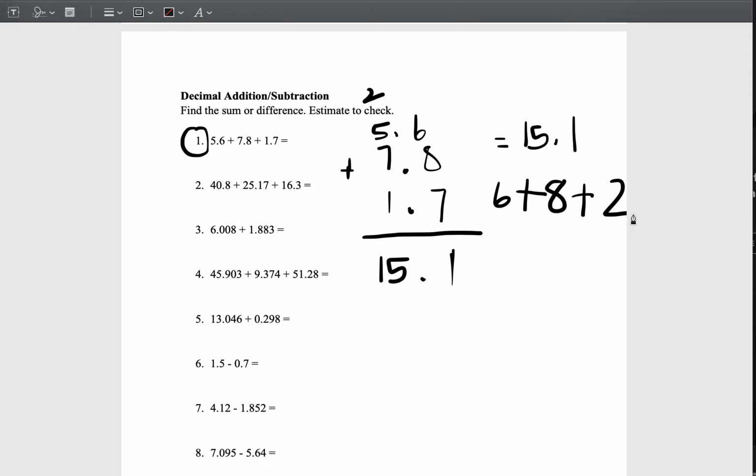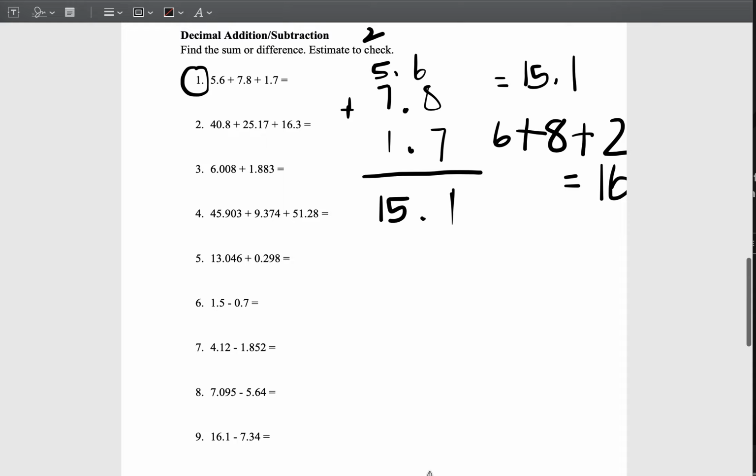Now 6 plus 8 is 14, and 14 plus 2 is 16. So that's around the same estimate.